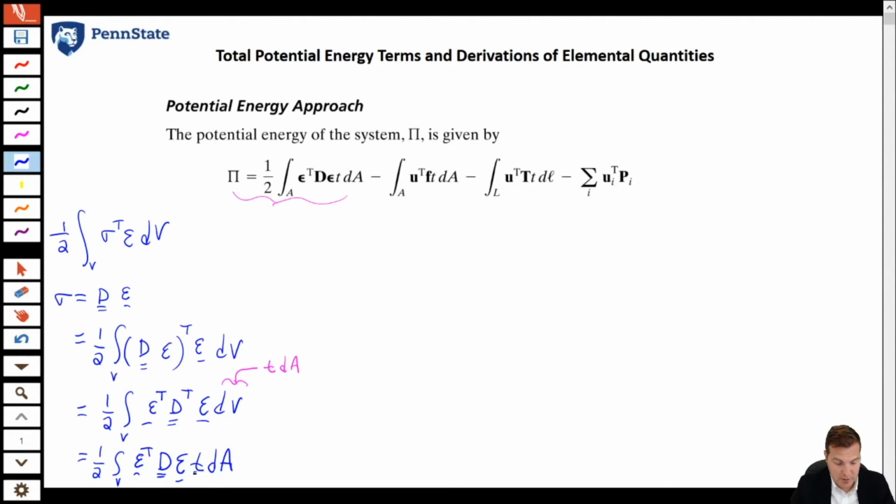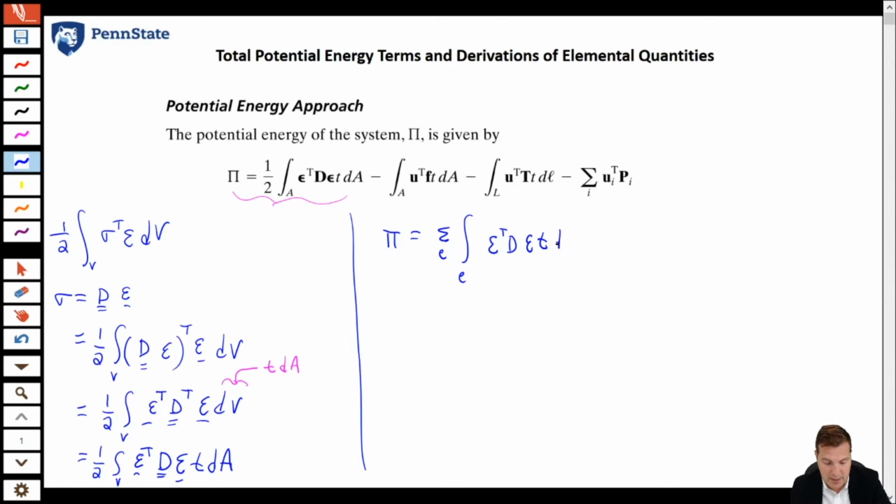Okay, so we can then substitute that back into our total potential energy, and we can employ the idea of discretization. We apply this to each element and put the sum in front. So pi is going to be equal to the sum over all elements of the integral over the element of epsilon transpose D epsilon T dA. Let's do this with the other elements also.